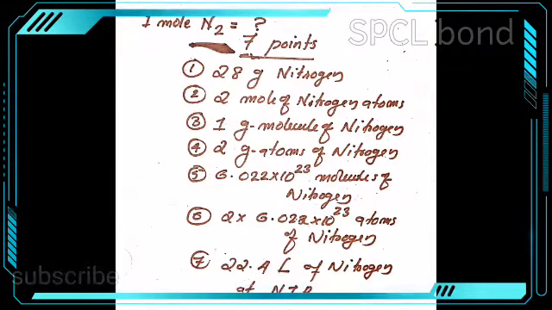Number 4, 28 gram of nitrogen. Number 5, 2 moles of nitrogen atoms. Number 6, 2 gram atoms of nitrogen. Atomic weight is expressed in gram. Number 7, 22.4 liters of nitrogen at NTP. I think it is clear to you now.